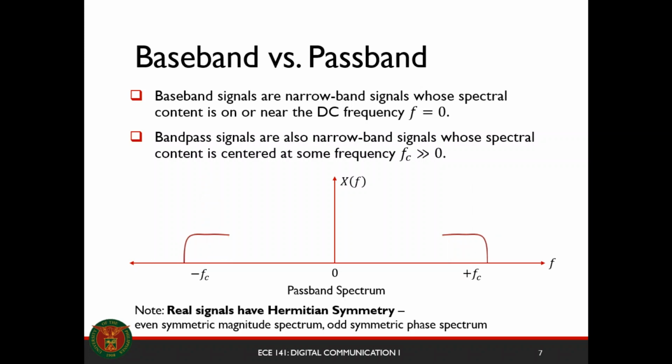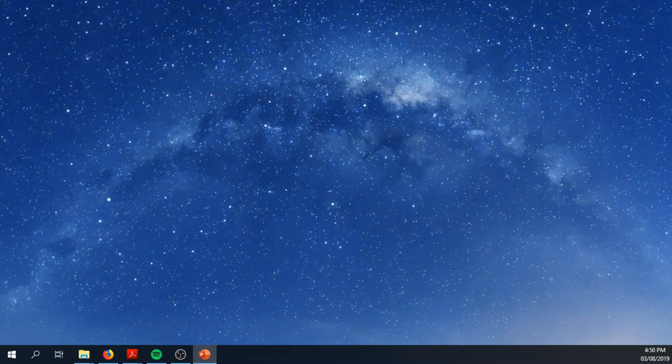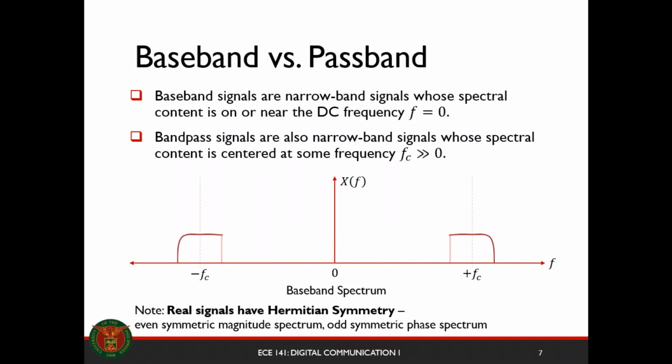Okay? So we are going to assume that these are real signals because you cannot actually create a complex signal in real life. So the real signals are what we can only observe. And real signals have what we call a Hermitian symmetry. Okay, there you go.